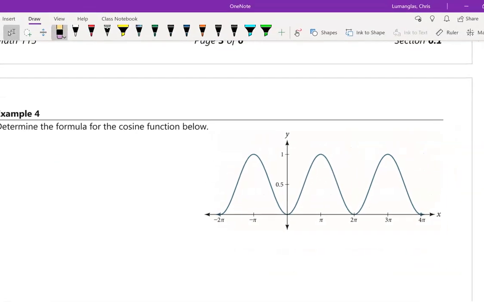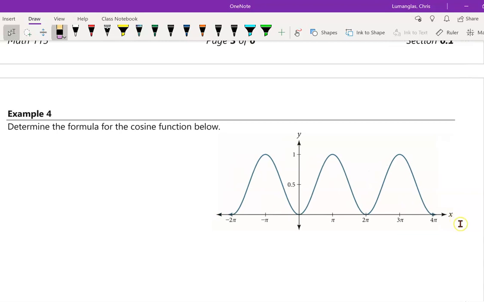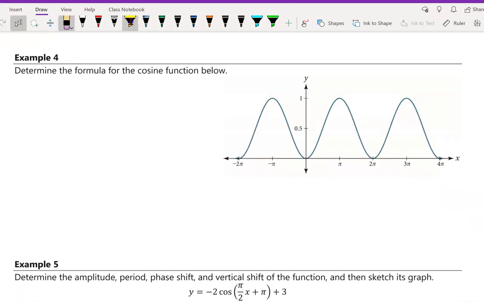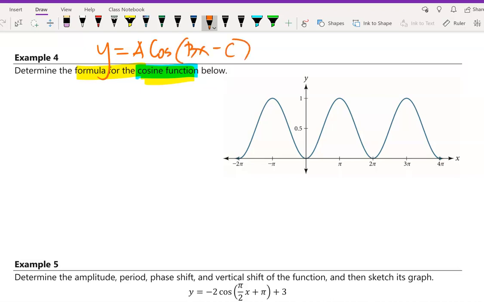This time, determine the formula for the cosine function below. So we know in general form, we have y is equal to A cosine of (bx minus c) plus d.